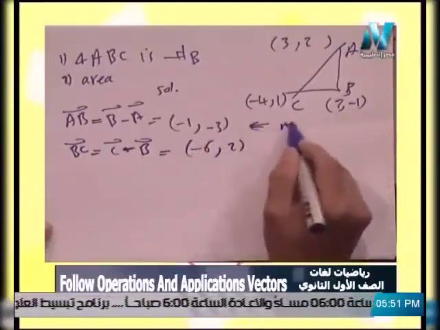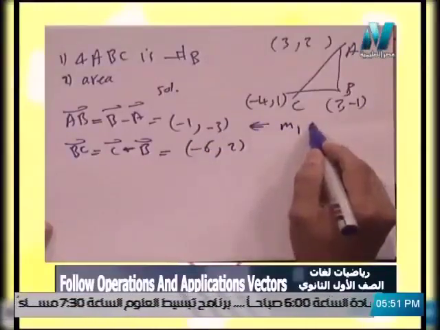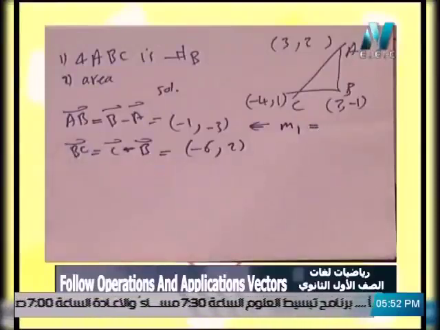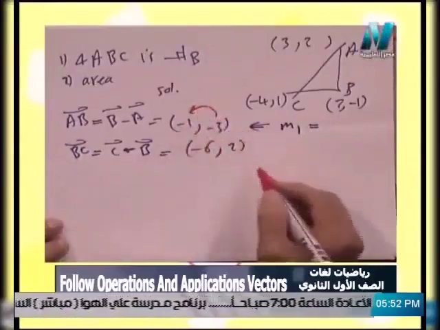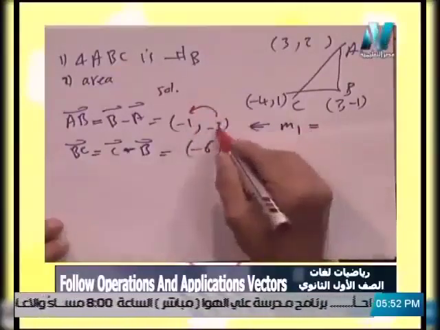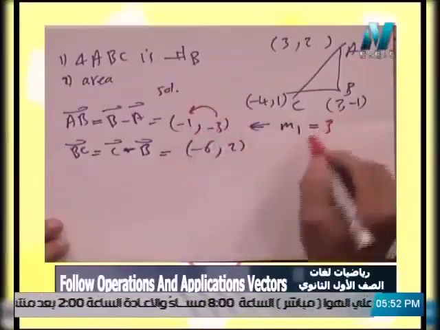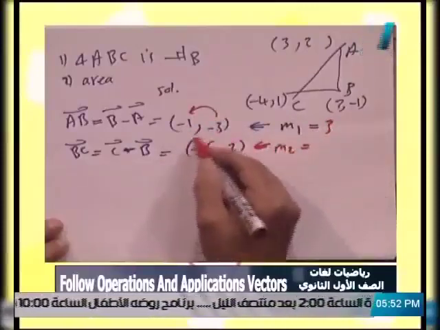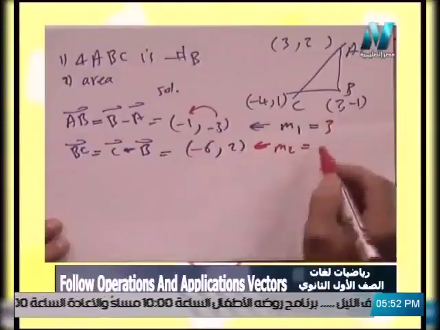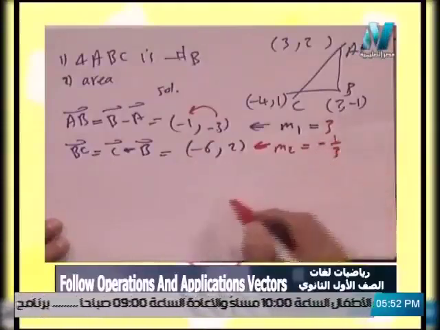And we will find the slope of the first, which is AB. The slope is y over x, which is negative 3 over negative 1, which is 3. The slope of the second will be 2 over negative 6, which is negative 1 over 3.